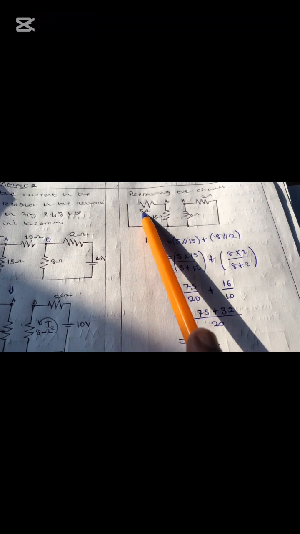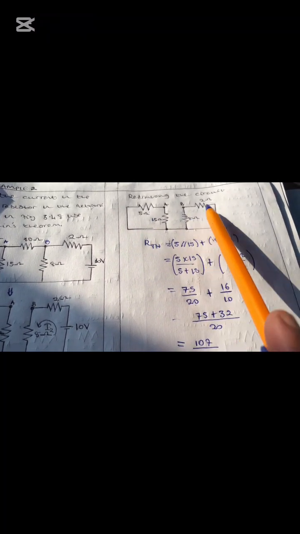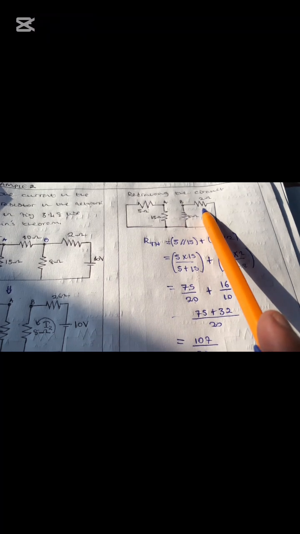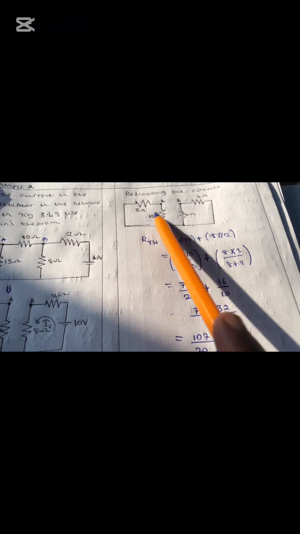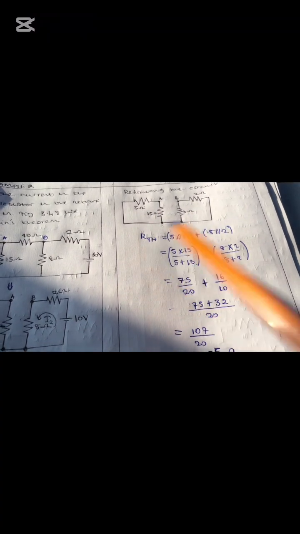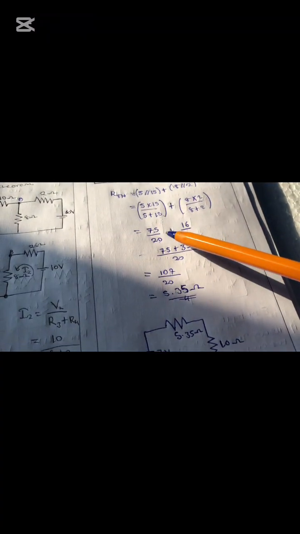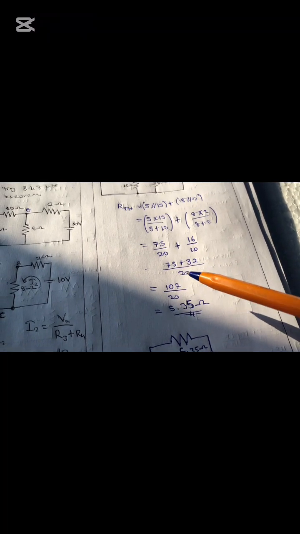If you look at 5 ohms and 15 ohms, they are connected in parallel. 8 and 2 ohms are connected in parallel. So once you find these two in parallel, you have to add them since they'll be connected now in series. This is what we did here. This is our calculation. We found our answer to be 5.35 ohms.